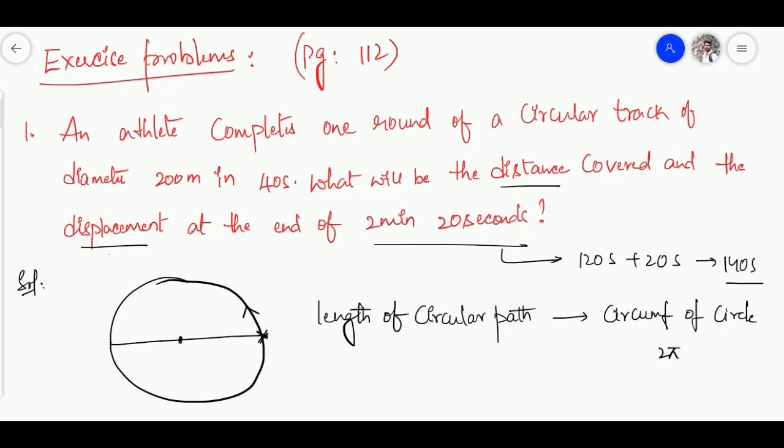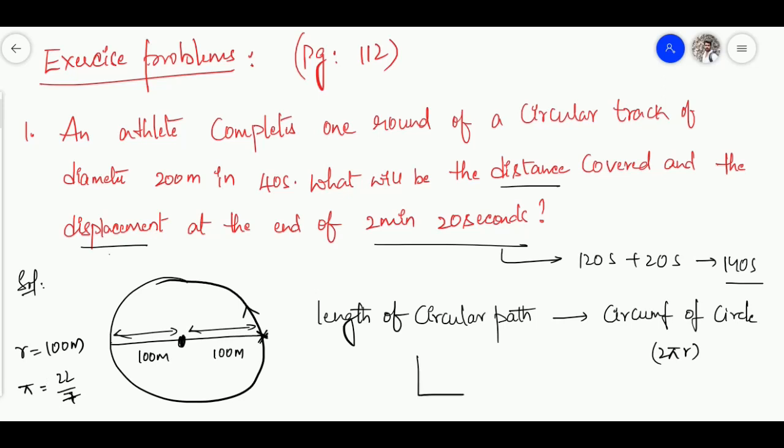The formula is 2 pi r. When the diameter is 200 meters, obviously the radius will be 100 meters, right? That means this is 100 meters and this part is another 100 meters. So the radius is 100 meters. And the pi value is 3.14, or else you can remember it as 22 by 7. You have to remember this value.